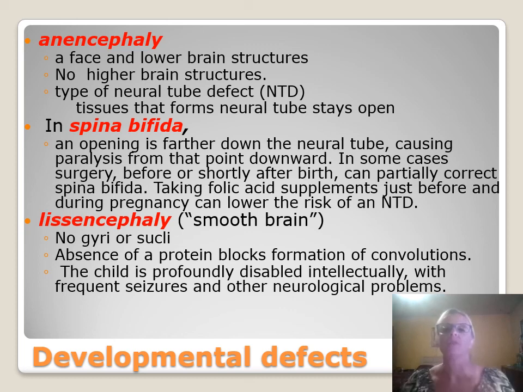And so there's a protein in early prenatal development that can actually prevent certain neurons from migrating in the brain. And that's going to cause the convolutions to not occur. And so the child then is going to be profoundly disabled, have seizures, and lots of other neurological problems.